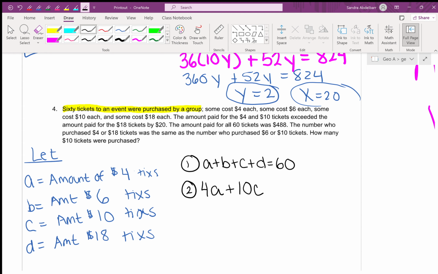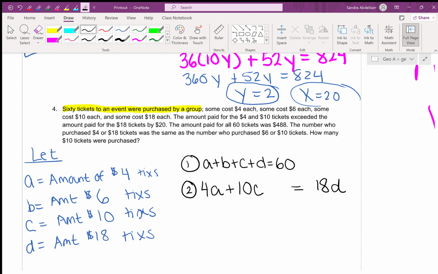So the amount paid for the $4 tickets and the $10 tickets exceeded the amount, I'm just going to put an equal sign here, and then we'll talk about that exceeded, okay? Exceeded the amount paid for the $18 tickets. So do we agree on the other side is 18D, thank you. All right, by 20.